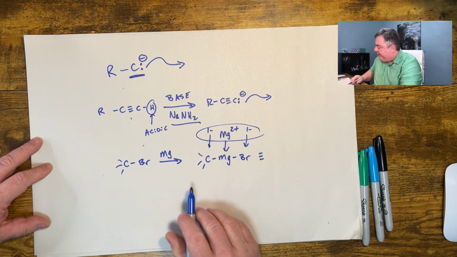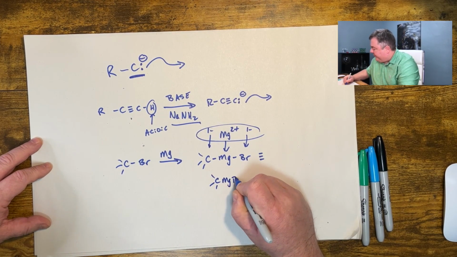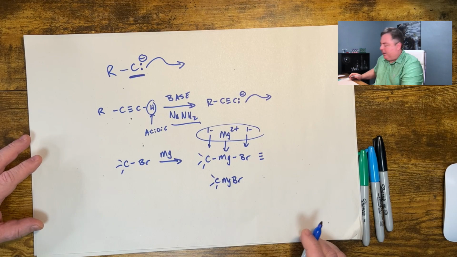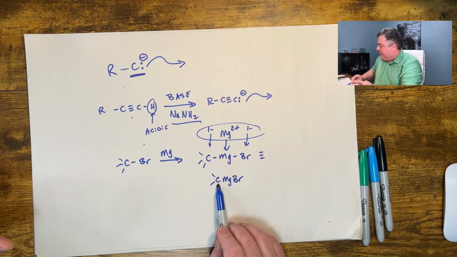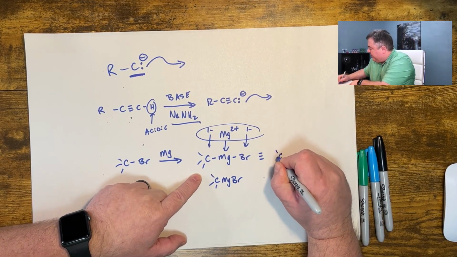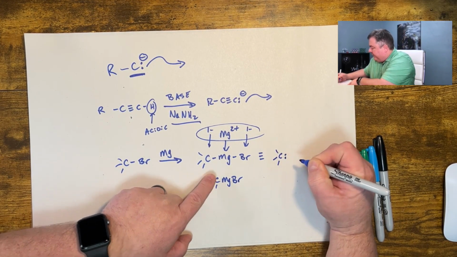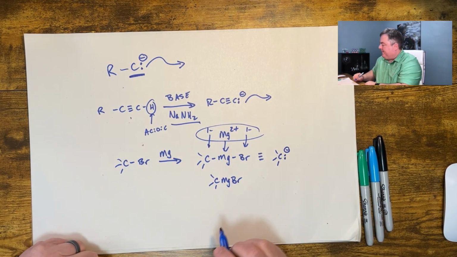Whenever you see this, they might just write it all together like this, MgBr. Whenever you see this metal, think positive metal, and the carbon attached to it is a negative carbon. So this would be the same thing as if these electrons were on the carbon and it had a negative charge.